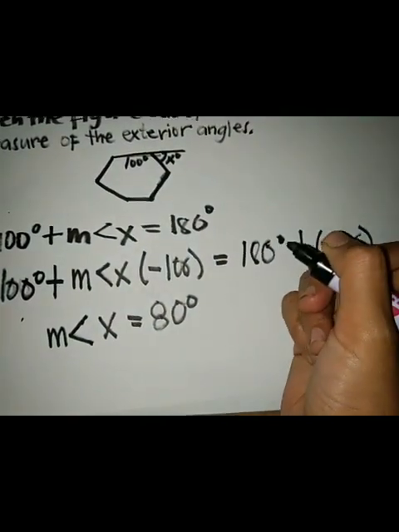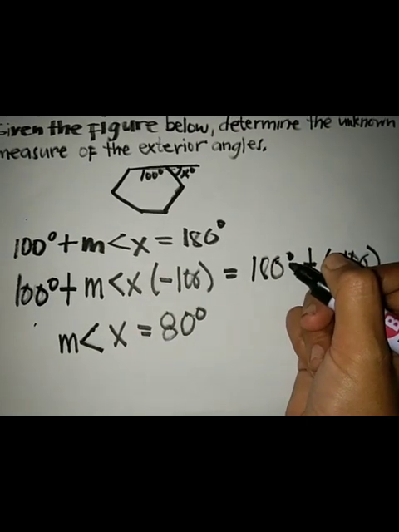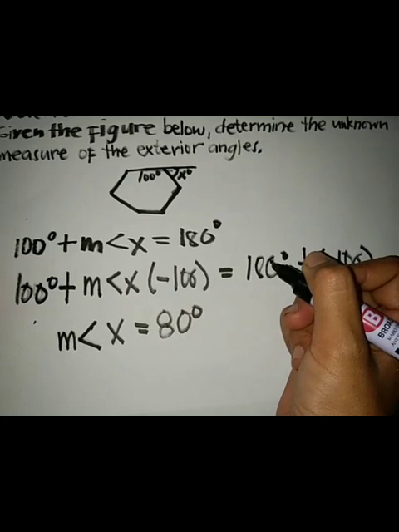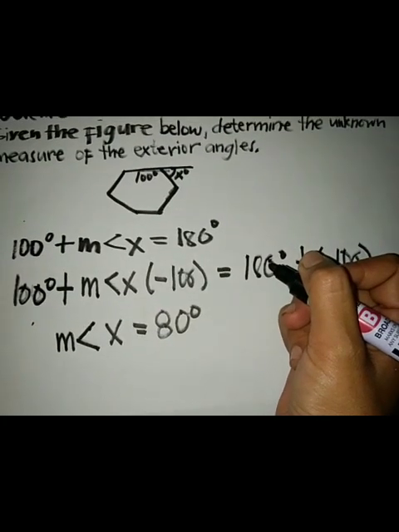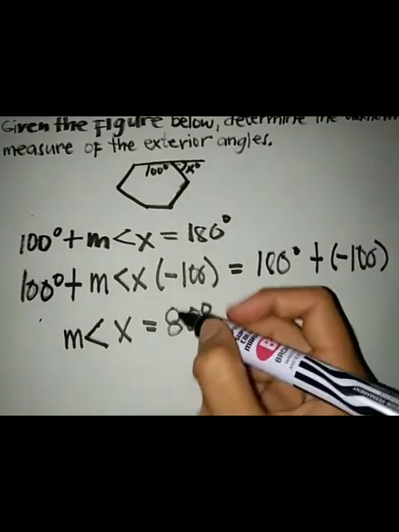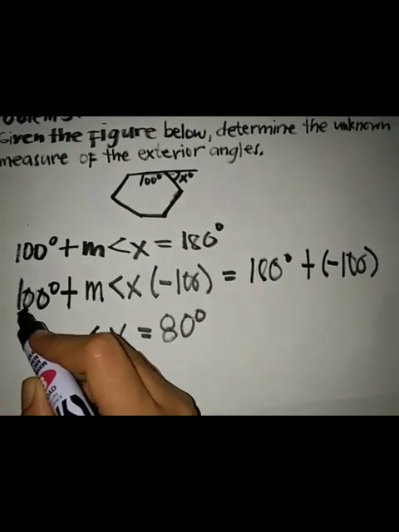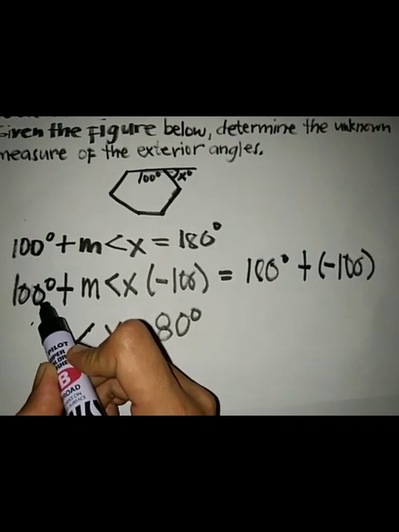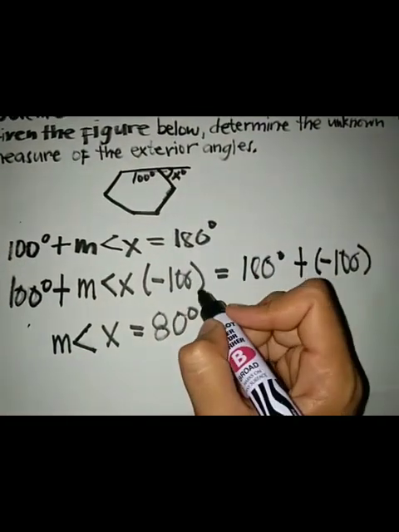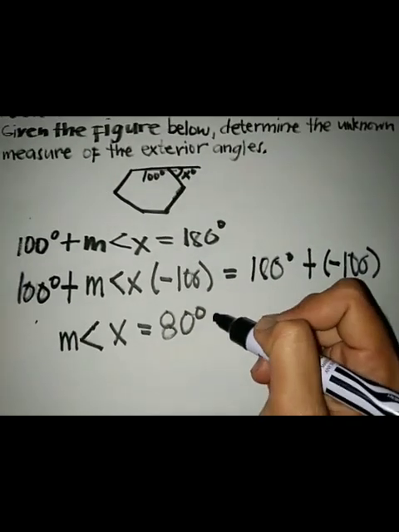So in the rules of integers, positive 100 degrees minus 100 degrees is equal to 0.